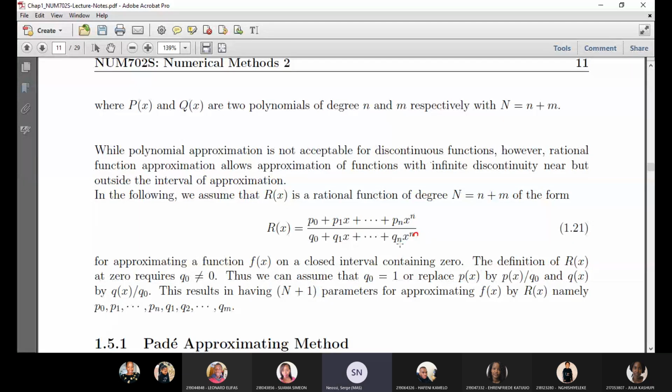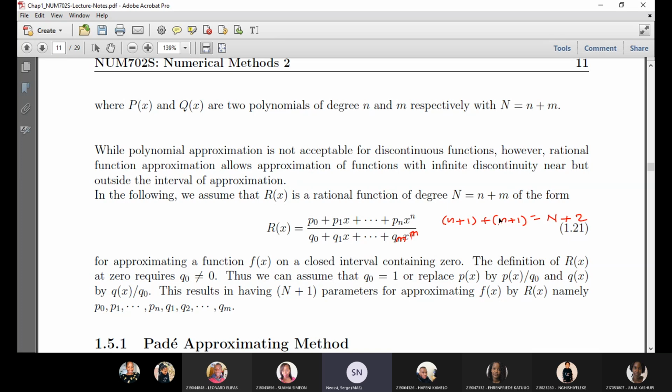So in total we need to determine N plus 2 coefficients, capital N being n plus m, because we have this plus that. That's the number of coefficients if you use this formula.